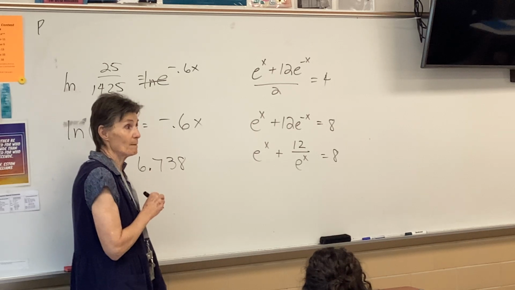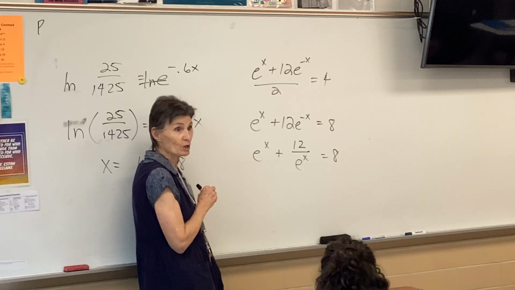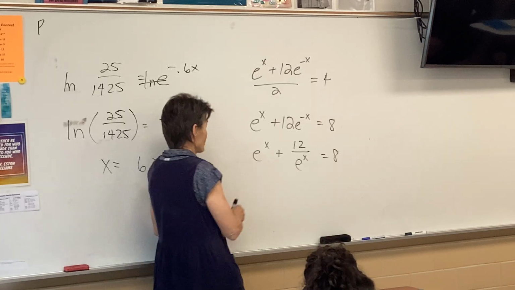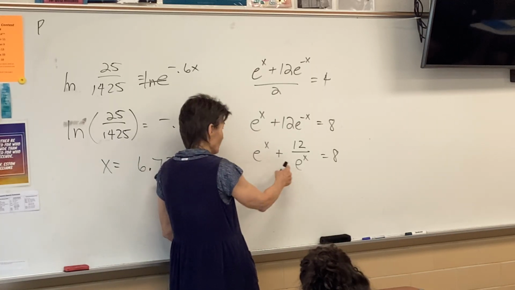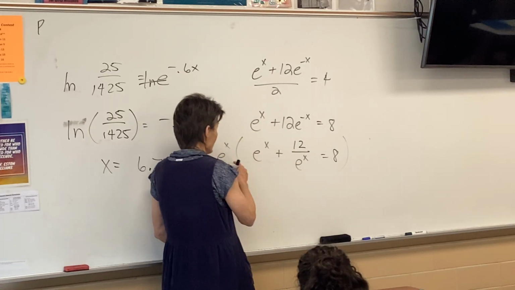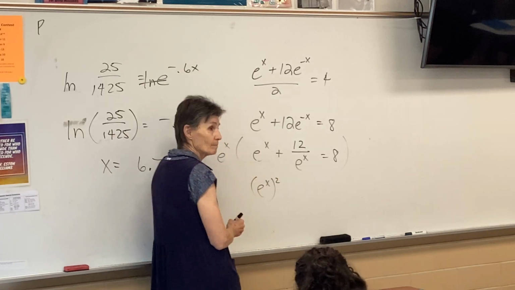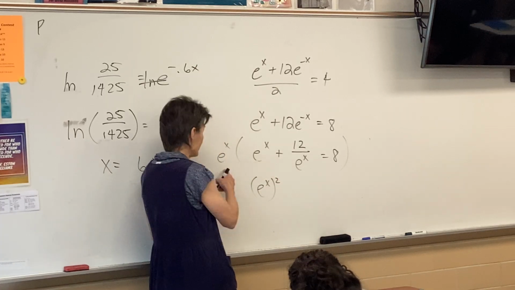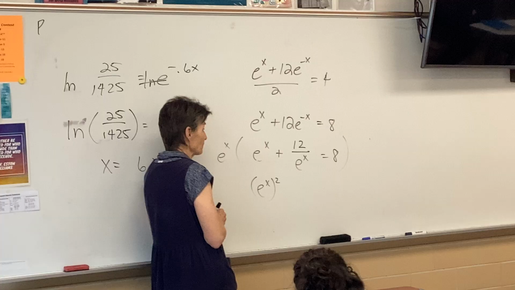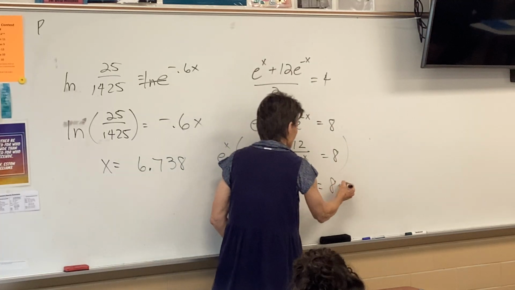Let's multiply by e to the x so that we don't have a fraction anymore. So we multiply everything by e to the x. e to the x times e to the x is e to the x squared. That's going to cancel. 8 e to the x.